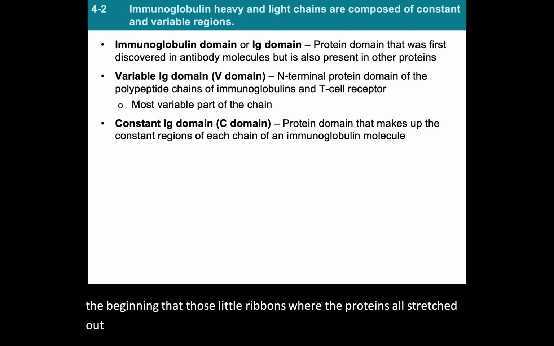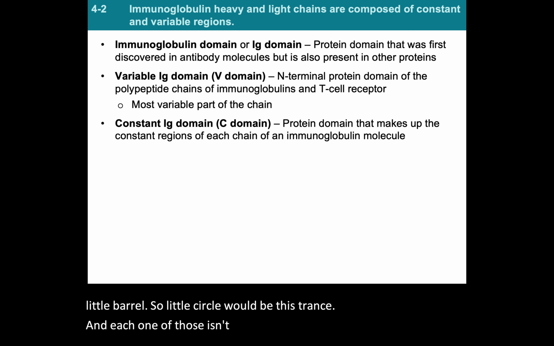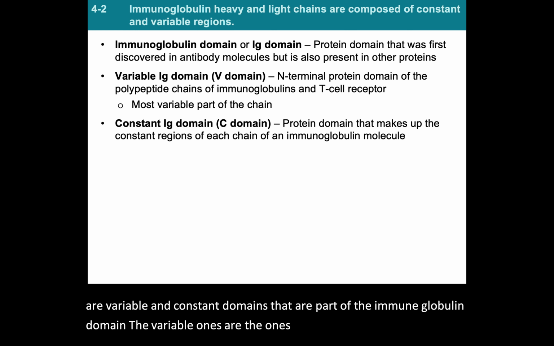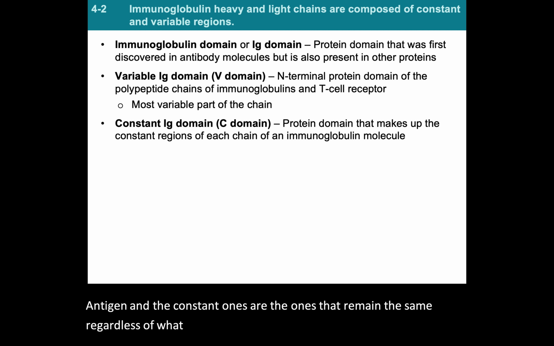They're beta strands folded up into a little barrel, like a little circle of beta strands, and each one of those is an immunoglobulin-like domain. There are variable and constant domains. The variable ones change in response to the antigen, and the constant ones remain the same regardless of what variable domain is on there.